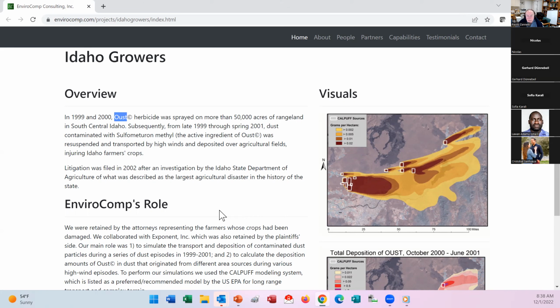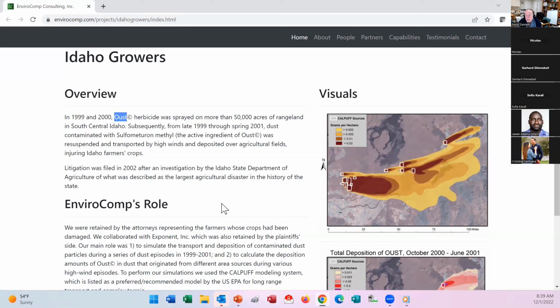So they sprayed this herbicide, killing the vegetation with this very powerful chemical. And what happened, unfortunately, is that a lot of herbicide remained in the ground and continued to be active, and we had dust storms after the application of the pesticide.